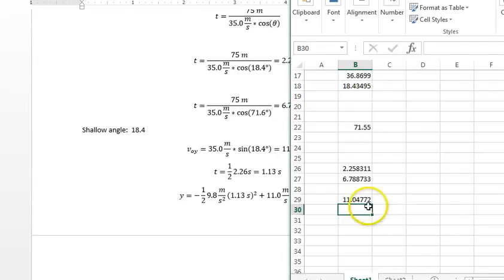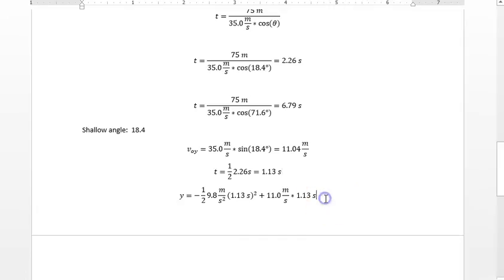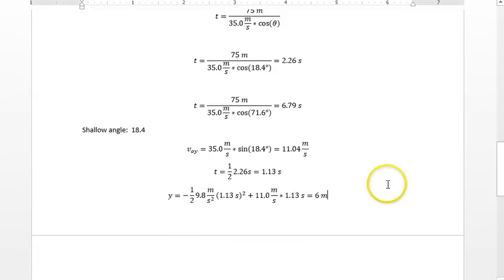So that's our height. So minus 0.5 times 9.8 times 1.13 squared plus 11 times 1.13 gives us a height of 6 meters at the halfway point.